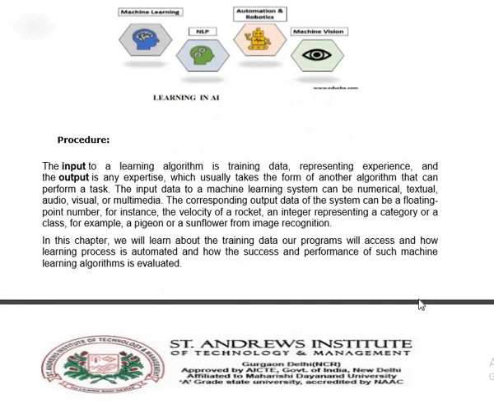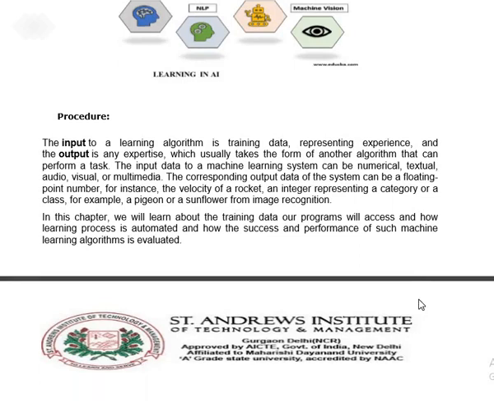In the procedure of machine learning, the input to the learning algorithm is the training dataset. The training dataset is represented and exposed to various kinds of algorithms, and the output is expertise, which is usually in the form of an algorithm, and the output that we require, observed in various types of pattern analysis or data analysis.